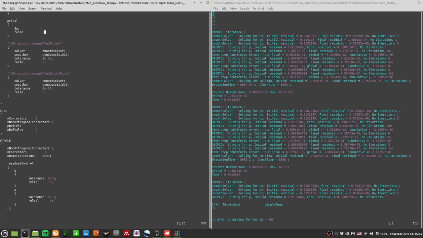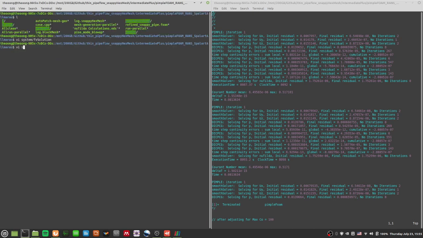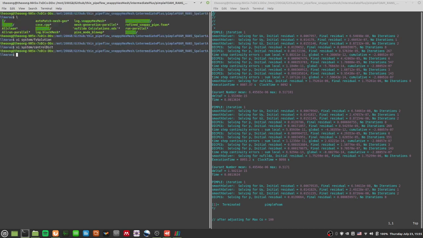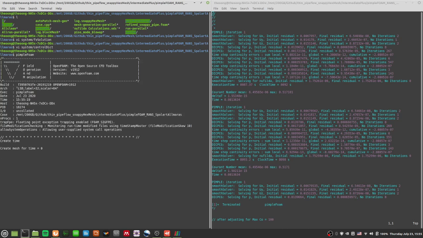Either of these should in theory be fine. So let's see, controlDict. I'll still have the maximum Courant number at 100, and I'm going to try and run pimpleFoam again, and let's see what happens.